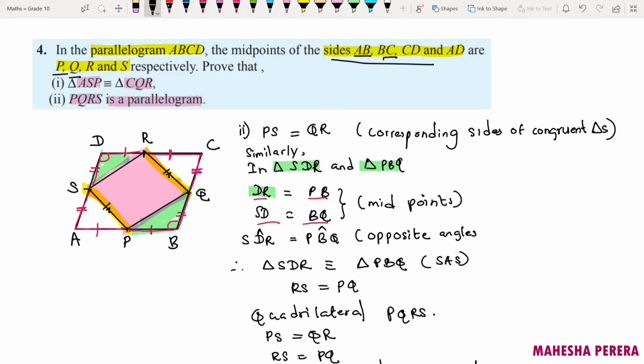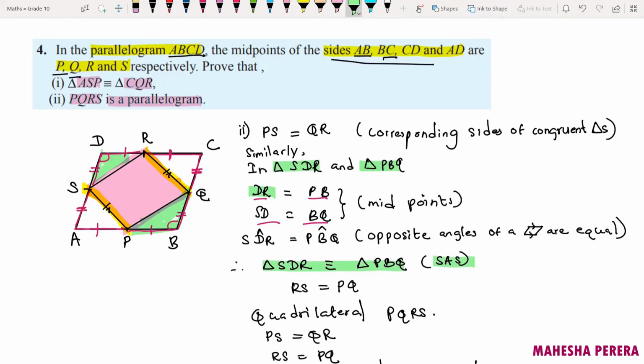Now already ABCD is a parallelogram. So these two angles are the opposite angles of this ABCD parallelogram. So then you can say that these two triangles are congruent based on the same case, ASA. Two pairs of sides and one pair of angles, and this angle is the included angle.